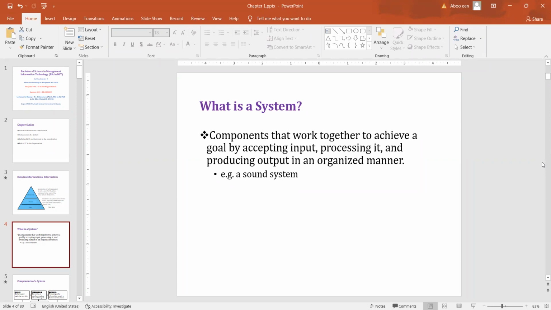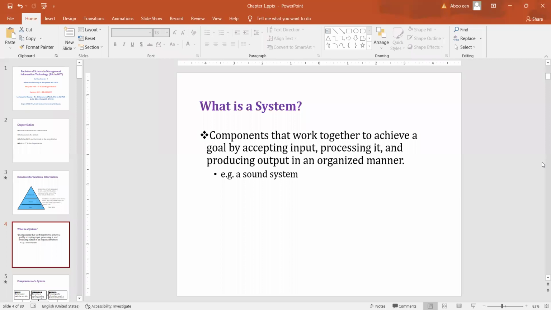System basically refers to related components that work together to achieve a goal by accepting input, processing, and producing output in an organized manner. So a system includes components such as input, process, and output.